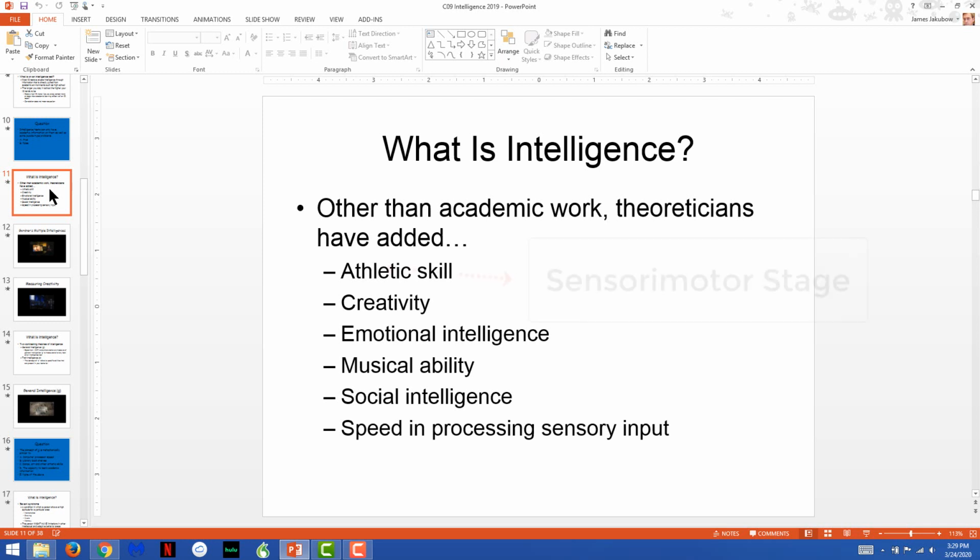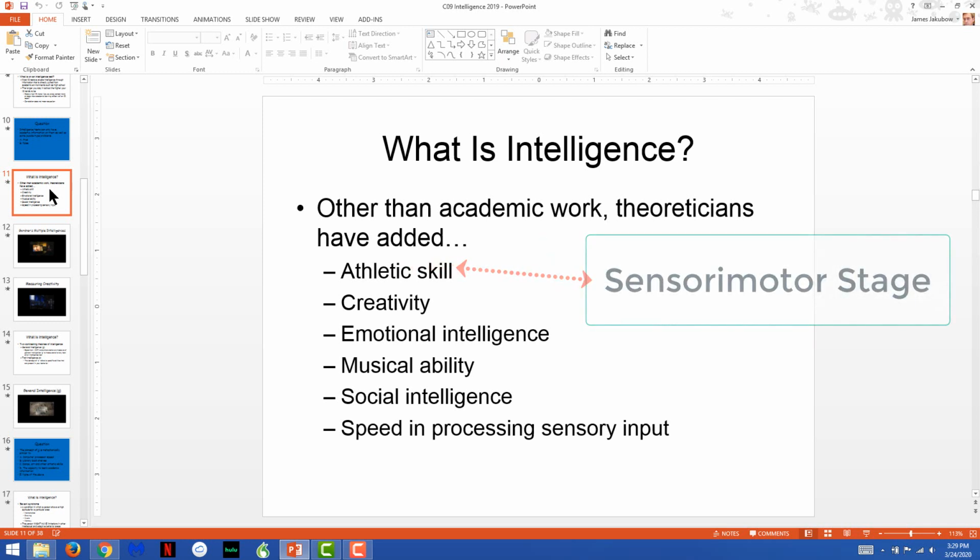Back in the sensory motor stage, one of the aspects that was being evaluated on an intelligence test was to see whether or not a child could hop on one foot. And that is a motor skill development process that you would look at an early age, but not typically in an adult.